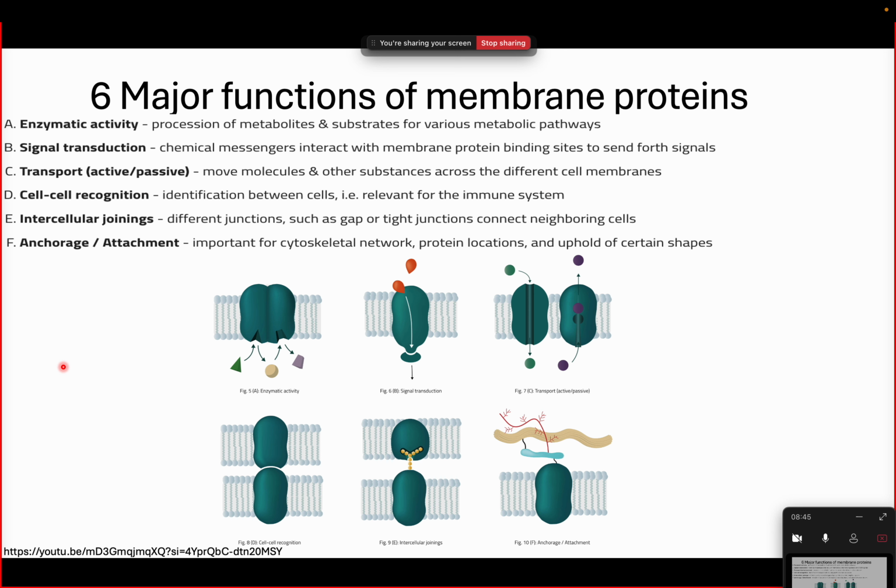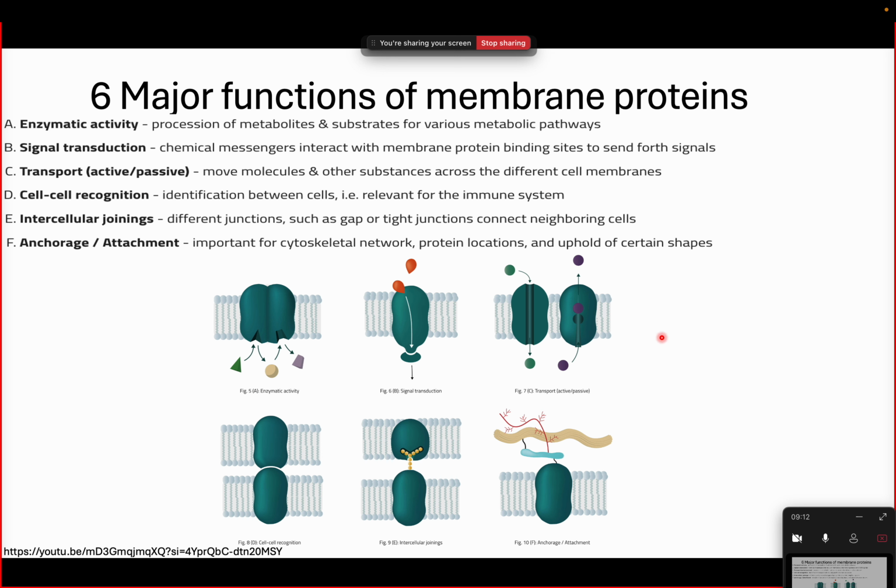Hence, to assure that the cell has adequate nutrients and is maintaining its viability by maintaining its physiological conditions, there are transporters or proteins in the membrane which work in transporting solutes across the membrane, right?